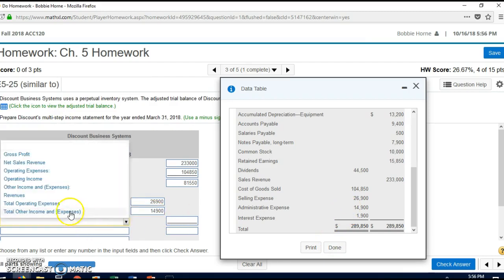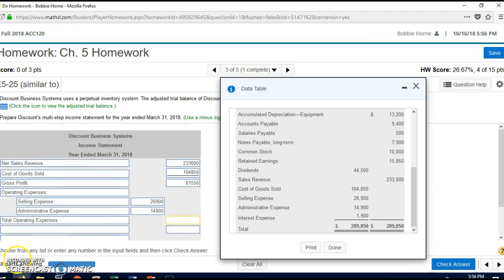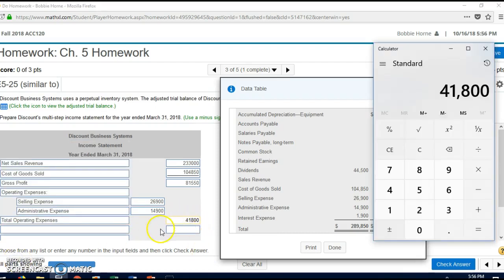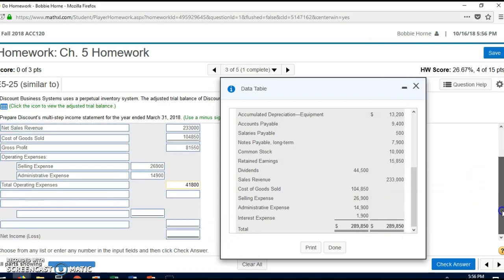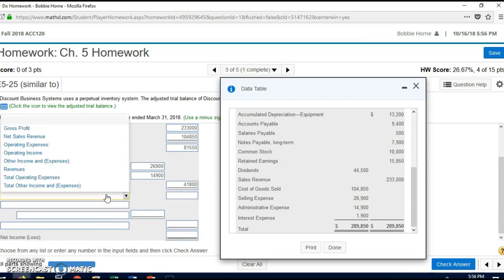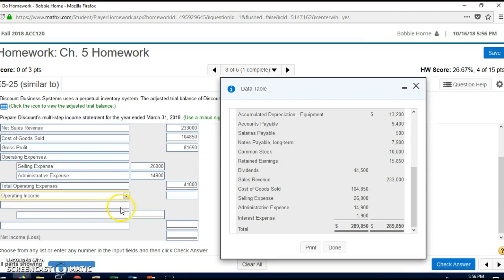And we're going to get a total operating expense, which is $41,800. The next thing we're going to do is calculate your operating income, which is your gross profit minus your operating expenses. So $81,550 minus $41,800. And that would give you $39,750.